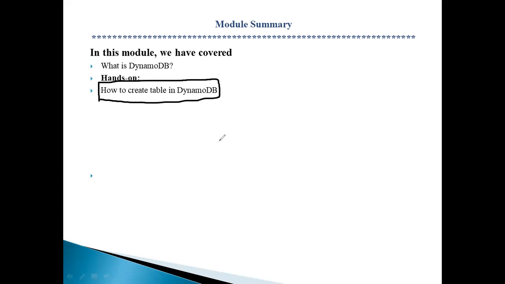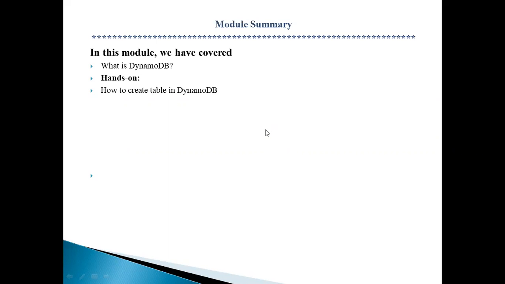If you are a root account holder in your AWS account, then you can directly create DynamoDB. If you are an IAM user, you need permission for DynamoDB. So you can create a table if you have an account in AWS. Let's see how you can create a DynamoDB table via the GUI, graphical user interface.